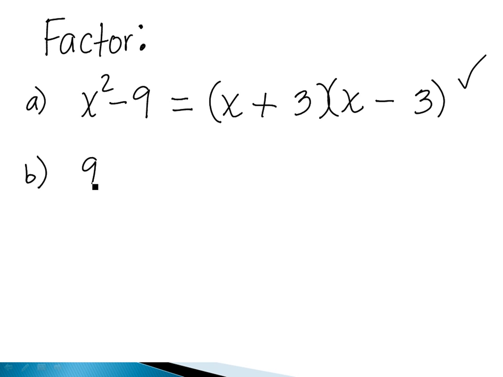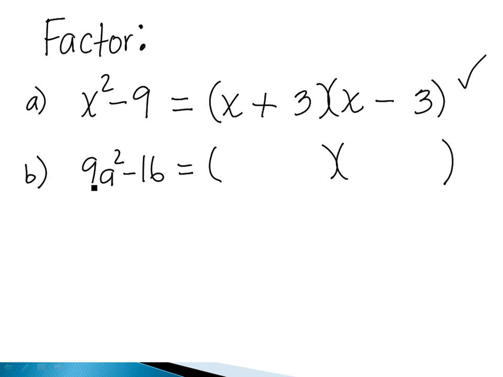Let's try 9a squared minus 16. First, the GCF. Always take the GCF out first. It does not have one. Since it's two terms, maybe it's a difference of squares. It happens to be a difference of squares. So we're going to put our two parentheses.